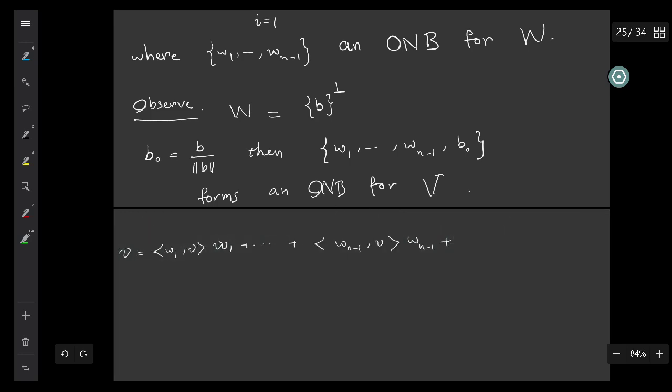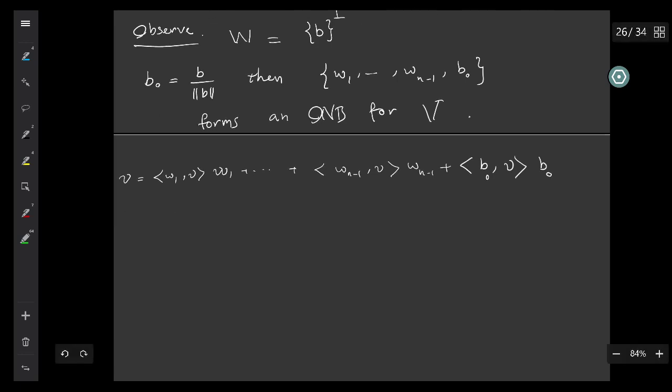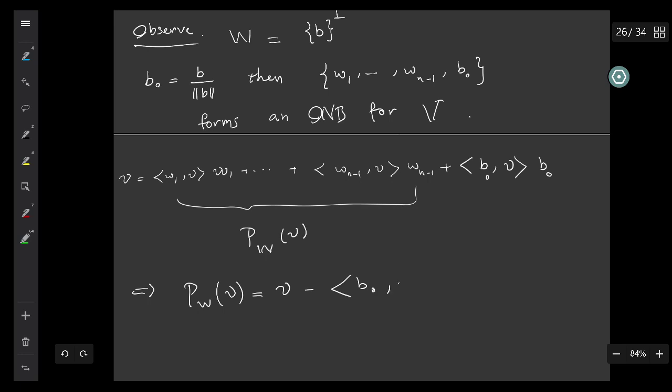And then we can write this is equal to the inner product of B naught and V, times B naught. And therefore, this part is P_W V. Therefore, P_W V can be easily written in terms of B naught and V.